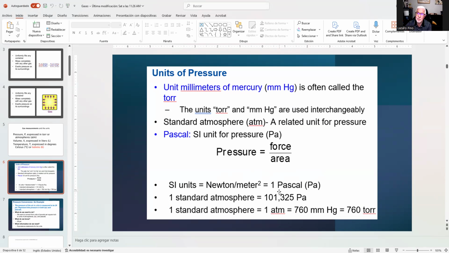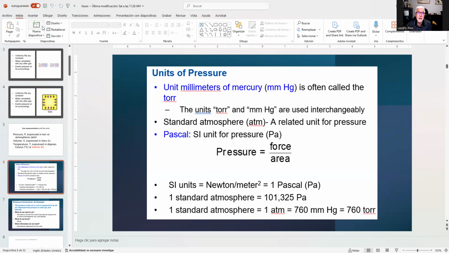The relationship between the different pressure units: one standard atmosphere is 101,325 Pascal, and one standard atmosphere is equal to 760 millimeters of mercury, in other words, 760 torr.